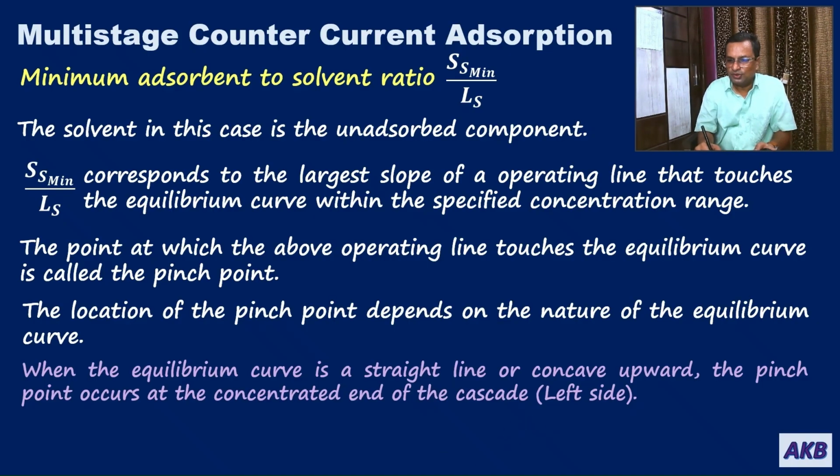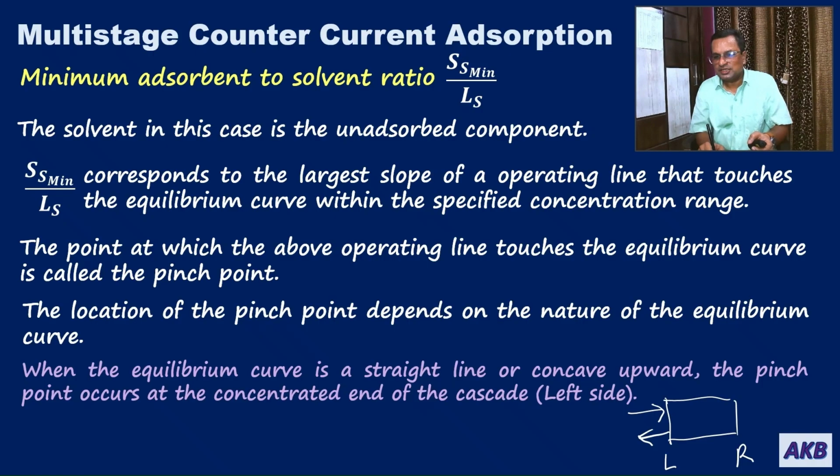If you look at the diagram, you have the cascade. Let me use this rectangle to represent the cascade. This is the left end, this is the right end. At this end you have the feed solution which is concentrated, and as it moves it becomes dilute. The other phase is the adsorbent phase which has adsorbed solute on its surface.